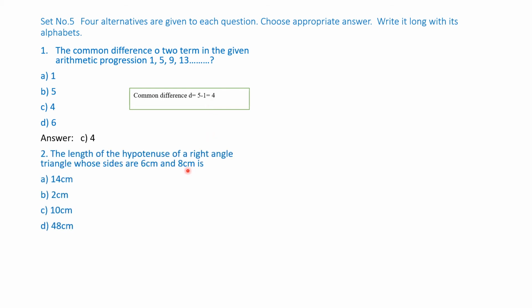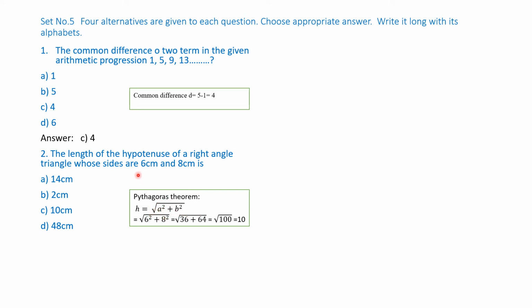The length of the hypotenuse of a right angle triangle whose sides are 6 centimeters and 8 centimeters is: option A 14, option B 2, option C 10 and option D 48. So we have to apply the Pythagoras theorem here. He is asking for the hypotenuse of a right angle triangle. Therefore, hypotenuse is given by square root of a square plus b square.